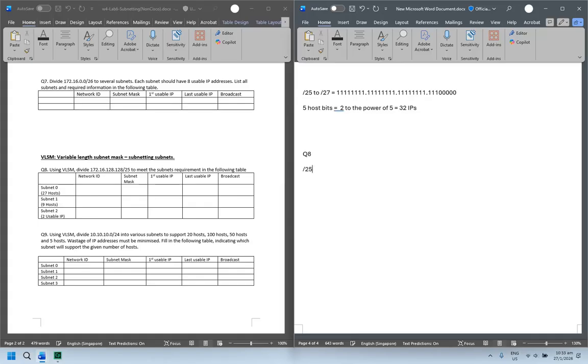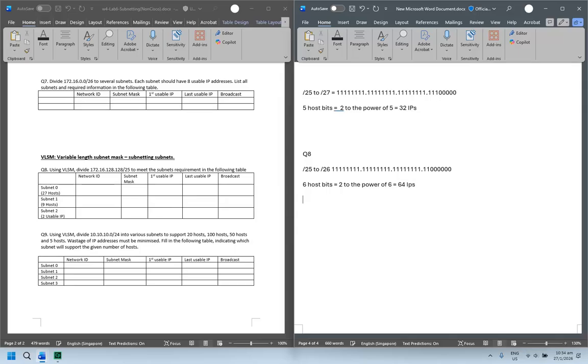Okay, so a /25. If we increase to /26, that means I will have 8, 8, 8 for 24 bits, and 26 is 1, 2 followed by 6 zeros. So we have 6 host bits. 6 host bits means 2 to the power of 6, which equals 64 IPs.